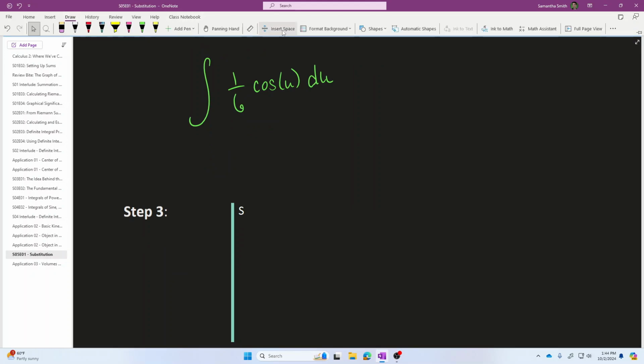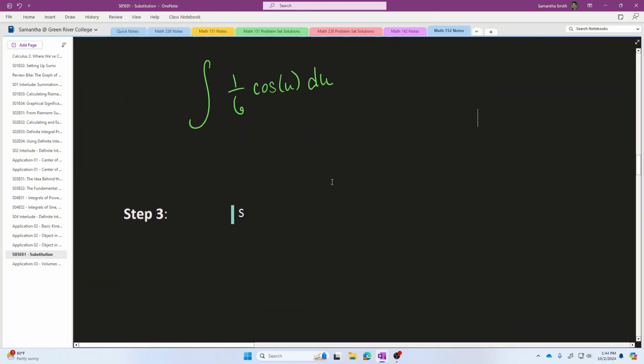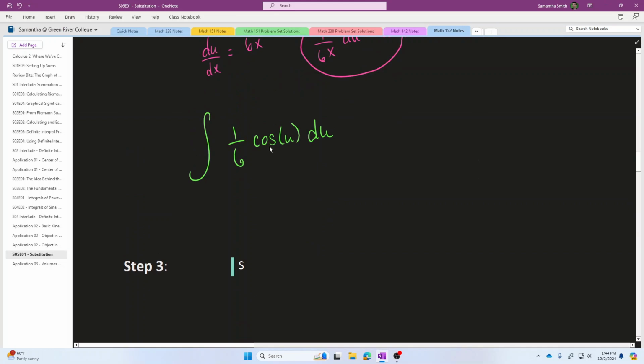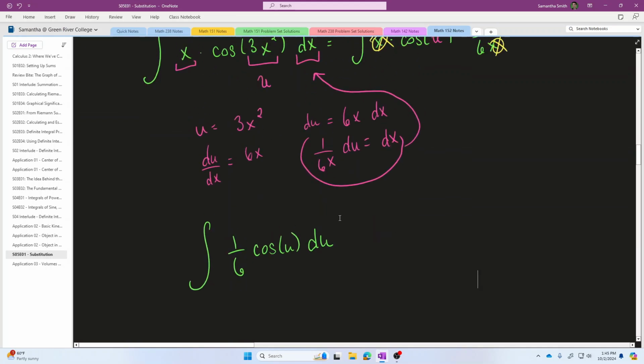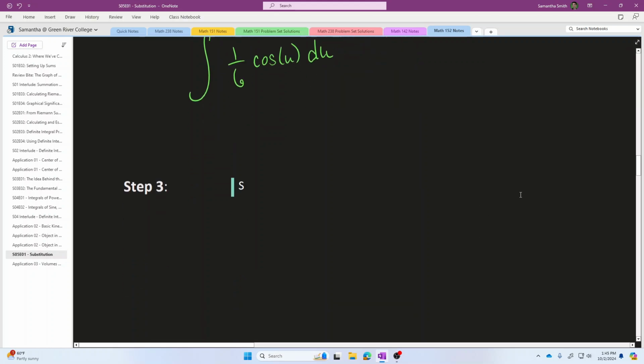Now, if method of substitution has gone correctly, it should always happen that the integral in terms of u is much simpler than the original integral, simple enough that you should be able to calculate it using just the standard integral formulas and properties.